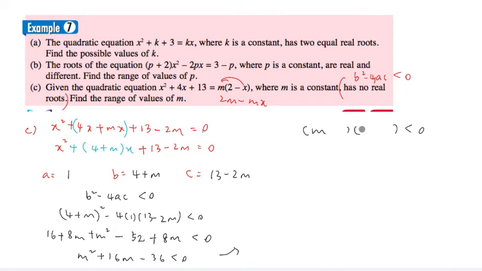When you do factorization less than 0, you remember last time we did inequality. Factorize first. 36, so 18 and 2. Here minus, so minus 18. Here plus, so minus times minus gives plus, so plus 16: 18 minus 2 is 16.